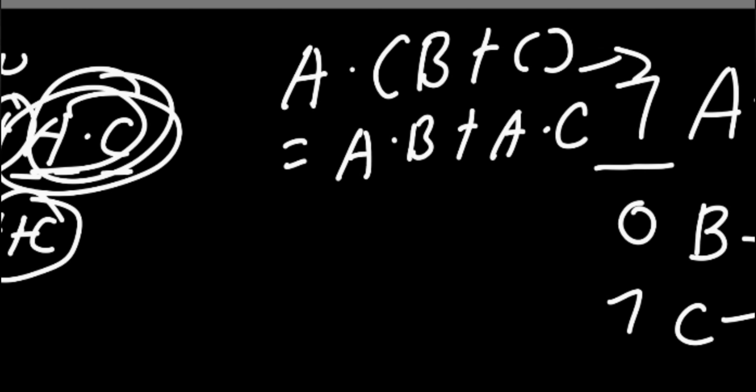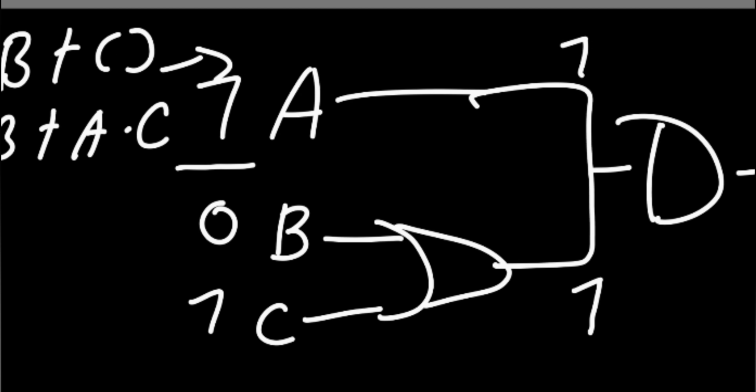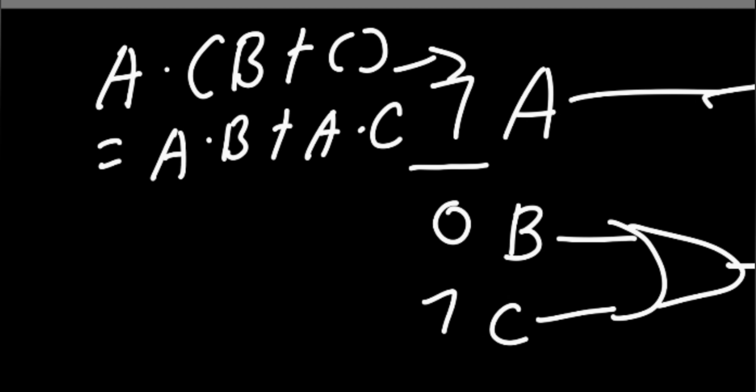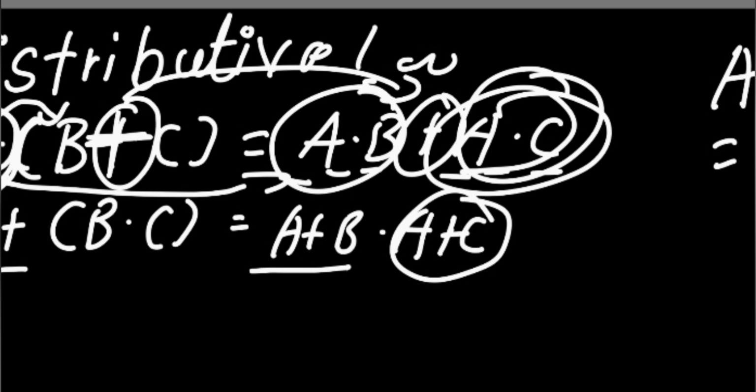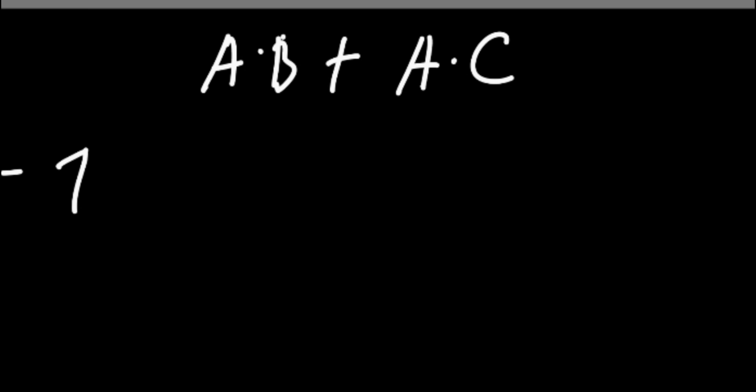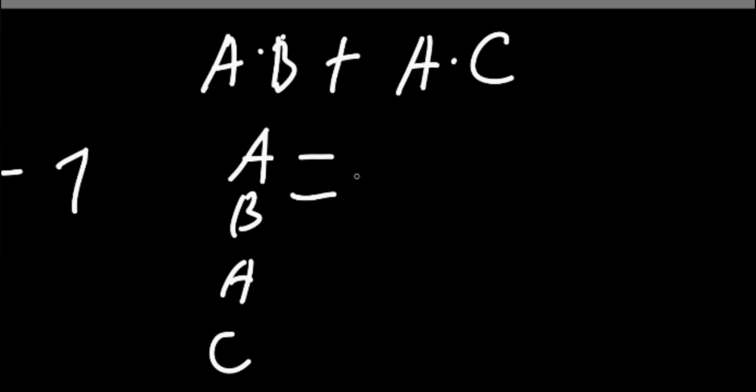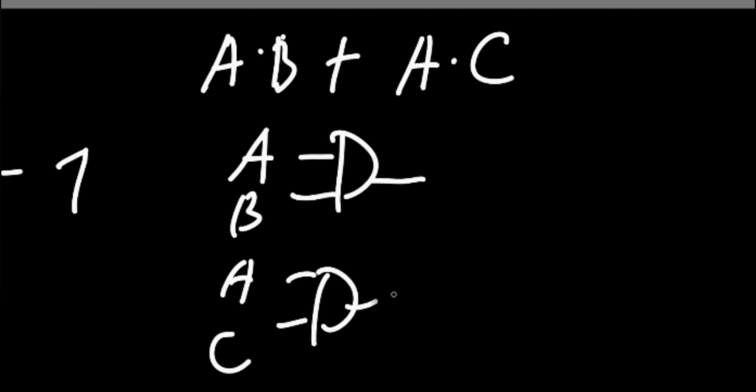Now let's do the other one, which is A dot B plus A dot C. Okay, now let's draw this logic gate, which is A, B, A, C in AND gates and an OR gate.